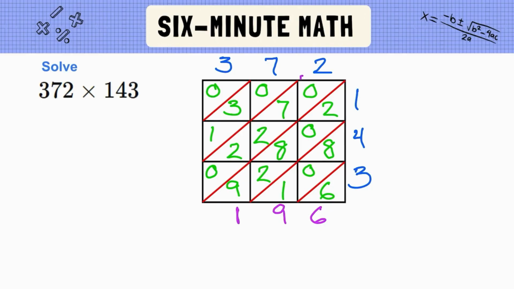Drop a 1, carry a 2. 0 plus 2 plus 2 plus 7 plus 2 is 13. Drop a 3, carry a 1. 1 plus 3 plus 1 plus 0 is 5. And then I have a 0 in my top left. So I can just look at this final answer of 53,196.